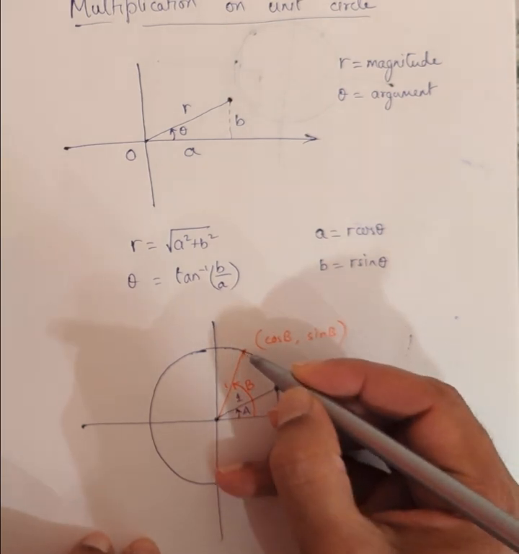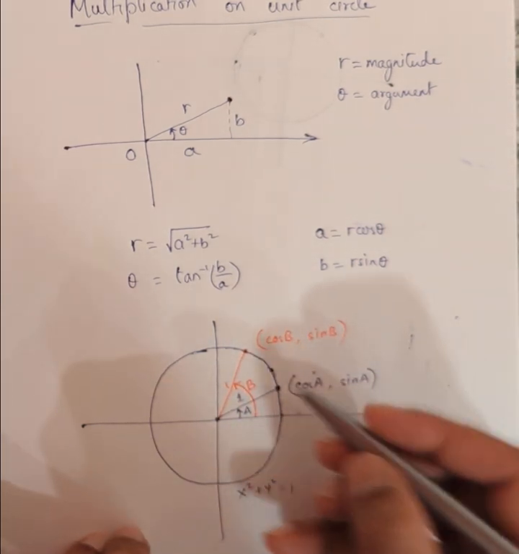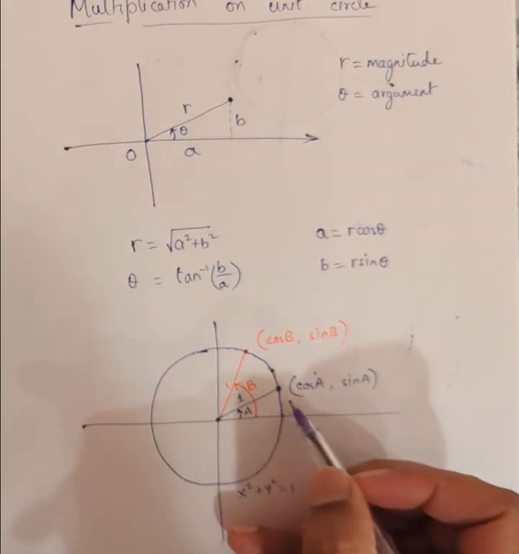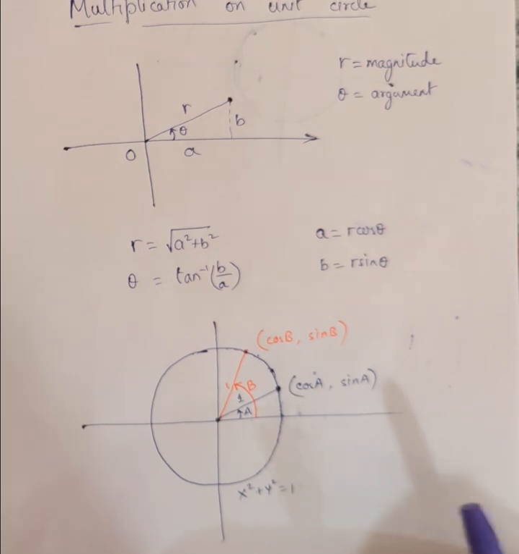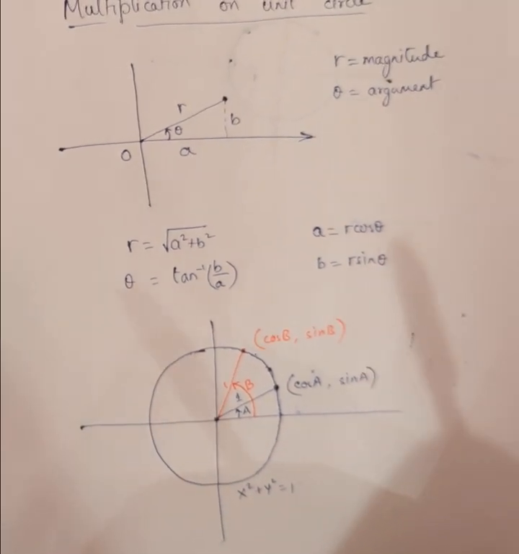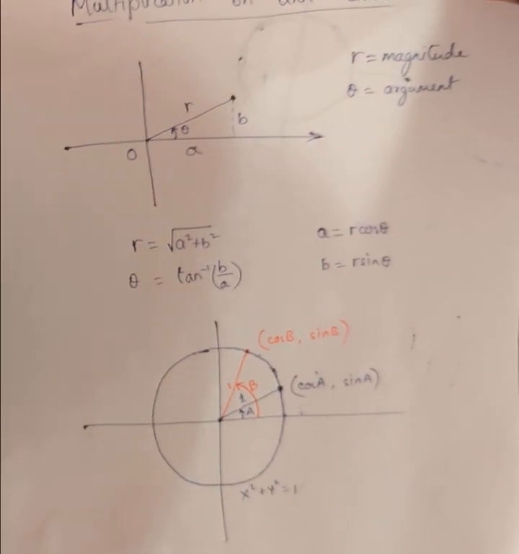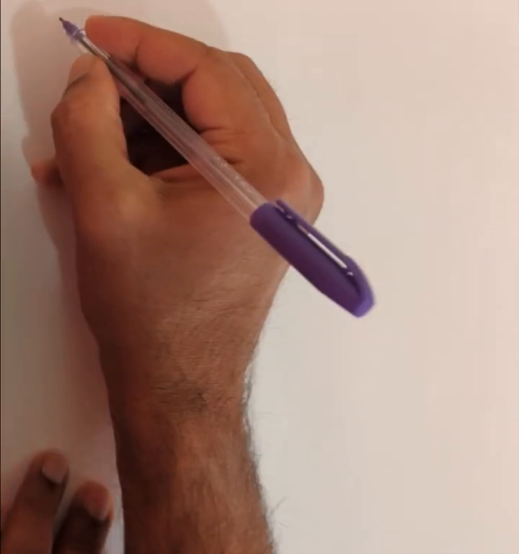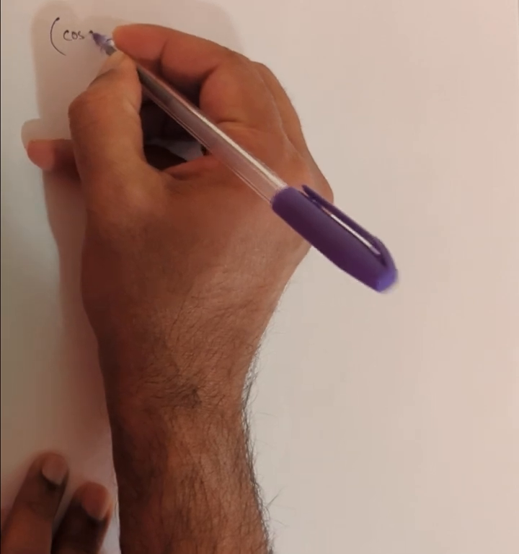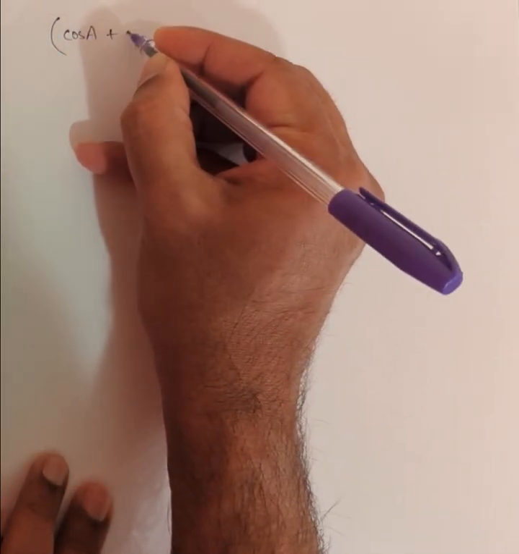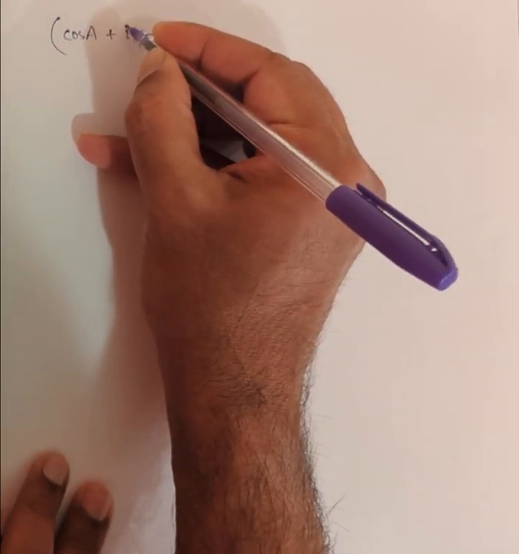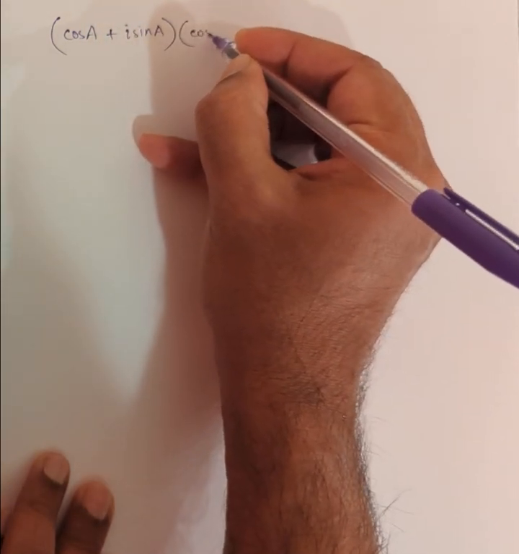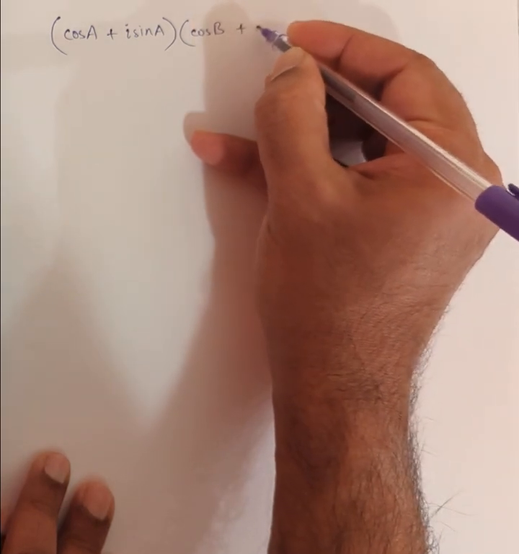So say this complex number is cosine a plus i sine a, and this complex number is cosine b plus i sine b. Let's multiply those two complex numbers. The first complex number is cosine a plus i sine a, and the second complex number is cosine b plus i sine b.